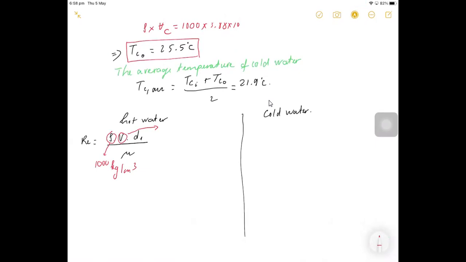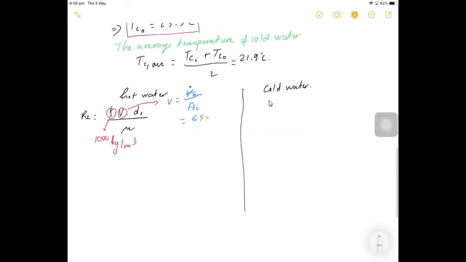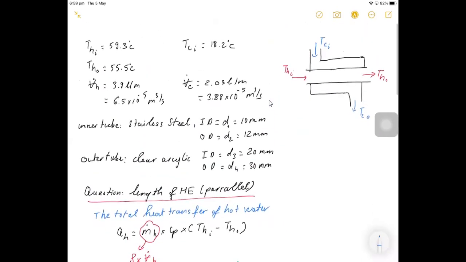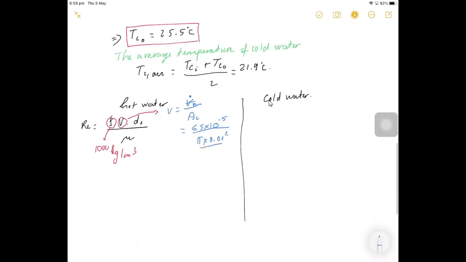How to get velocity? I think everyone knows velocity equals volumetric flow rate divided by cross-section area. Volumetric flow rate of the hot water is 6.5 times 10⁻⁵, divided by cross-section area, pi times the inner tube inside diameter 10 millimeter or 0.01 squared over 4. So this one is 0.83 meters per second.